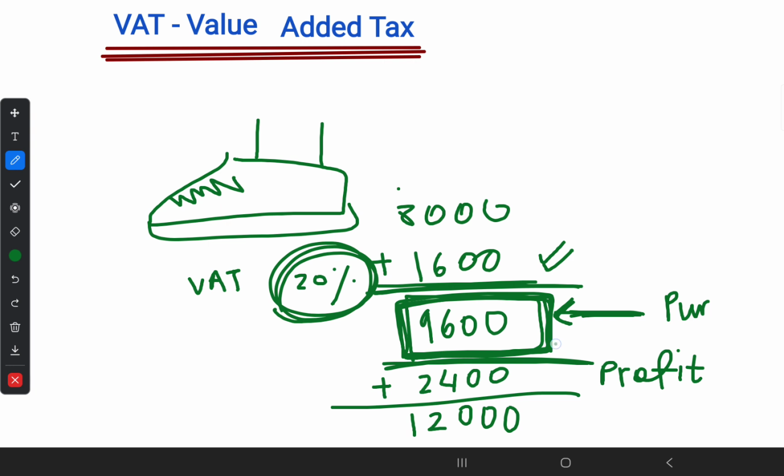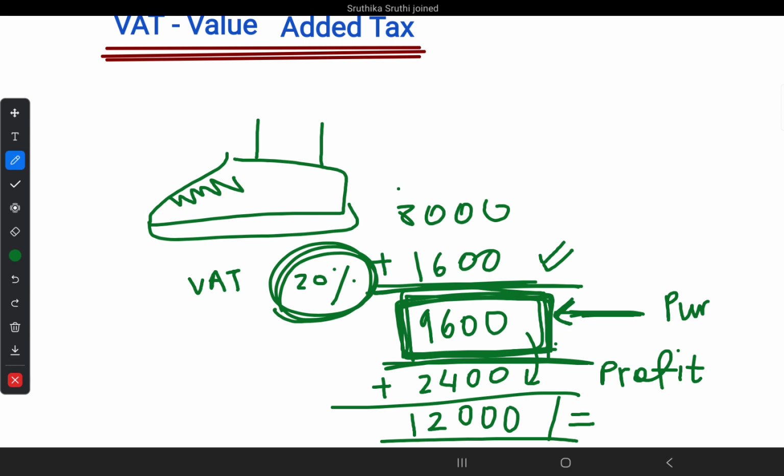For this amount only, they will calculate a particular percentage or particular amount as a profit margin to sell that item. From this amount, they will decide to get 2,400 rupees as a profit while selling this shoe. So they will mark the shoe's price as 12,000 rupees.